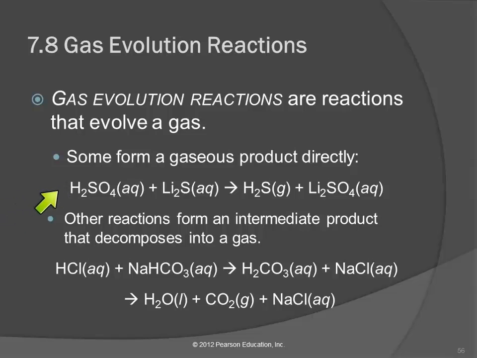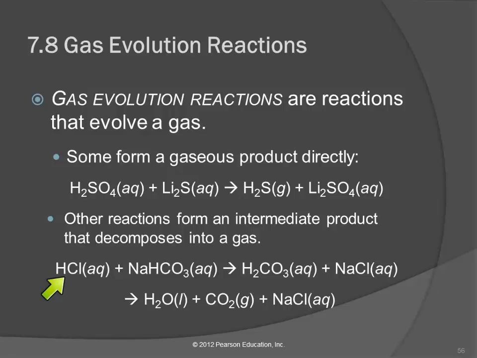So some of them, like this one, are going to produce a gas directly. If you mix sulfuric acid with lithium sulfide, you get hydrogen sulfide gas, which smells nasty. It's one of the components of rotten eggs. And you get lithium sulfate. And so this gives off a gas directly. Others will give you an intermediate product that decomposes into a gas.